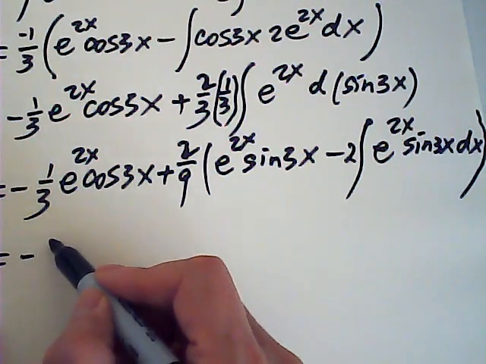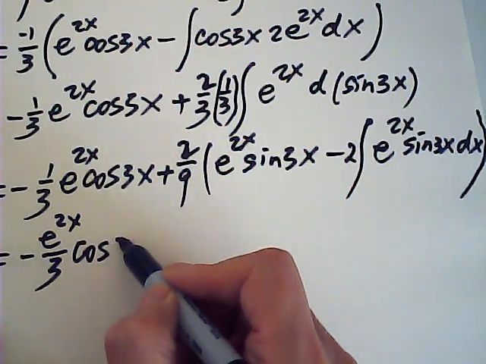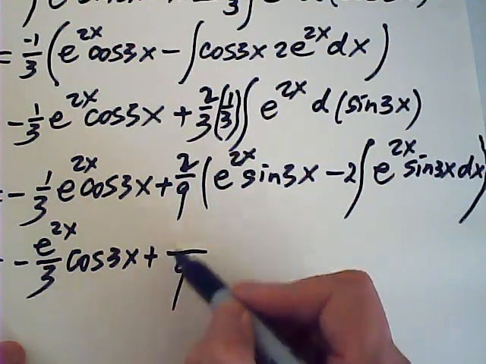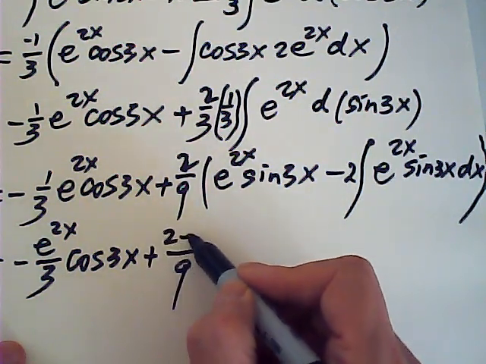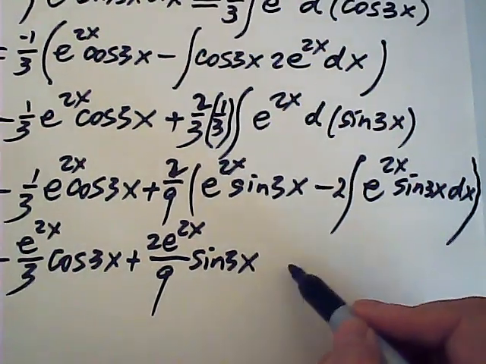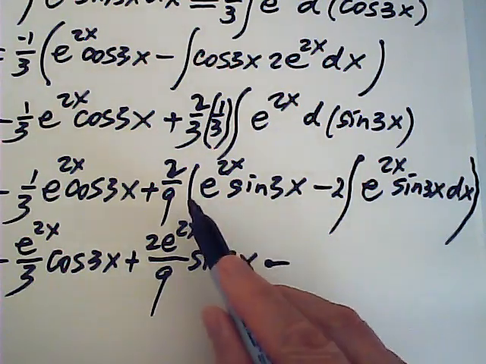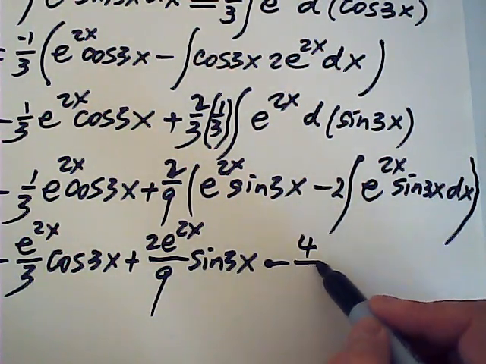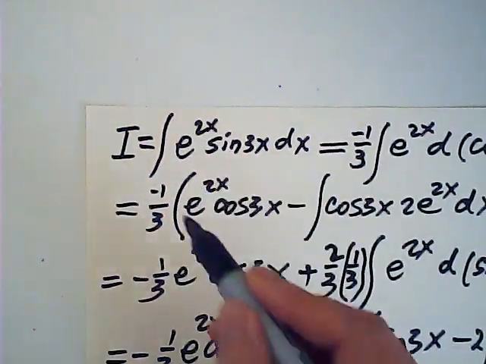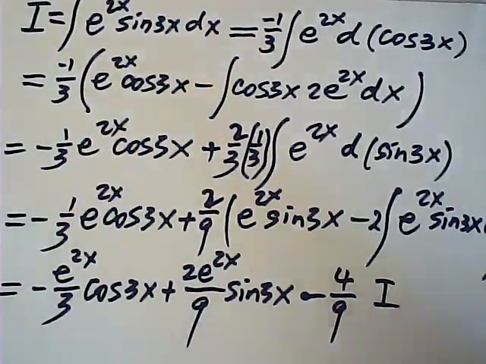This is negative e to the 2x over 3 cosine 3x plus 2/9 e to the 2x sine 3x minus this 2 times this is 4, right? This is a 9. This is my original given integral. So this is I. This is I, right?